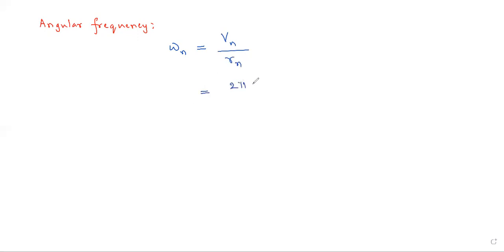Vn is 2 pi k z e square by nh, and the radius of nth orbit is n square h square by 4 pi square m k z e square.